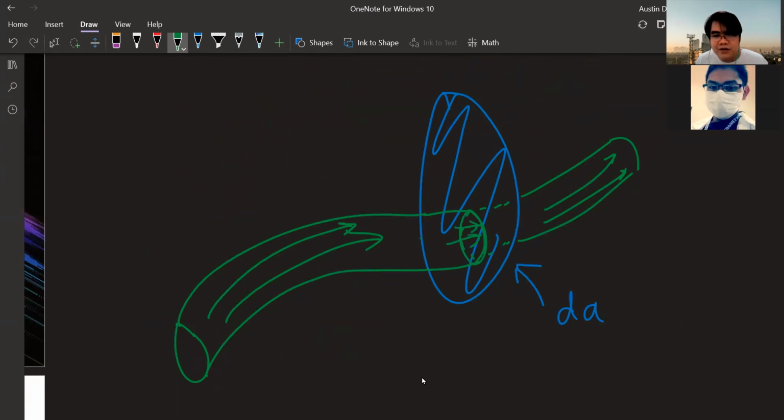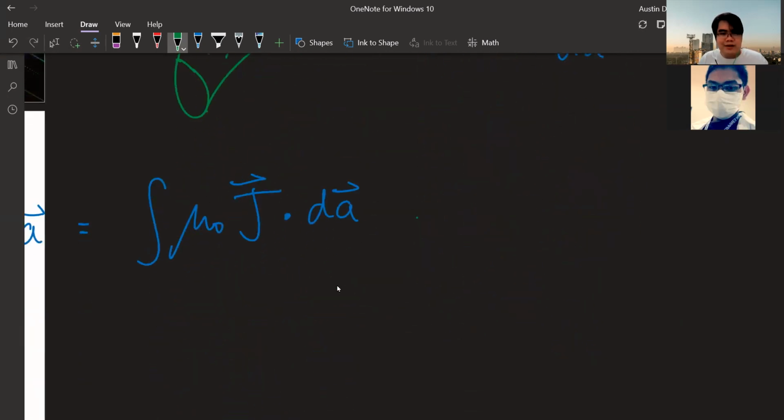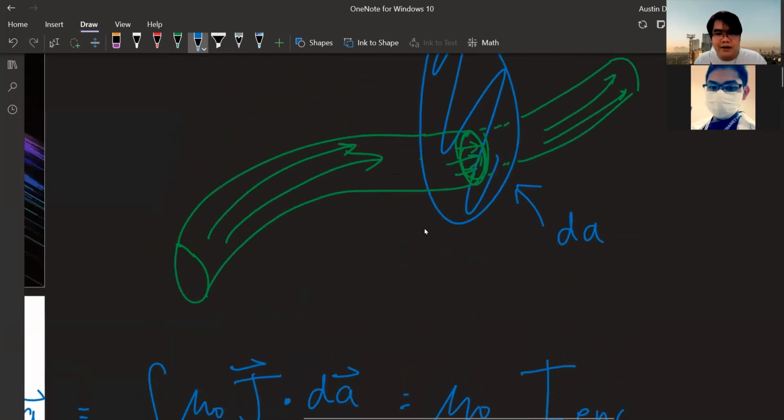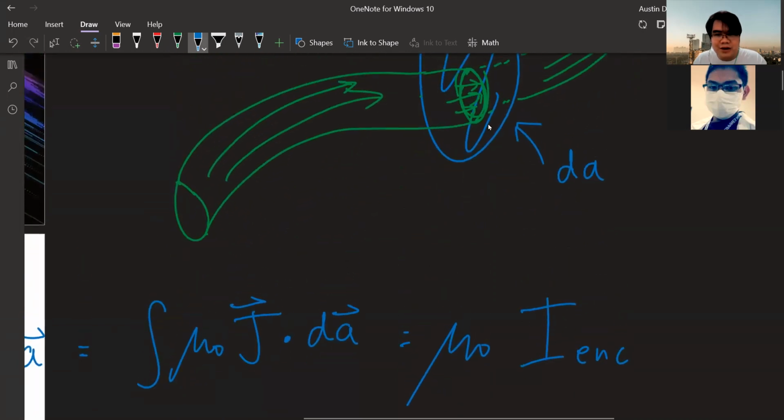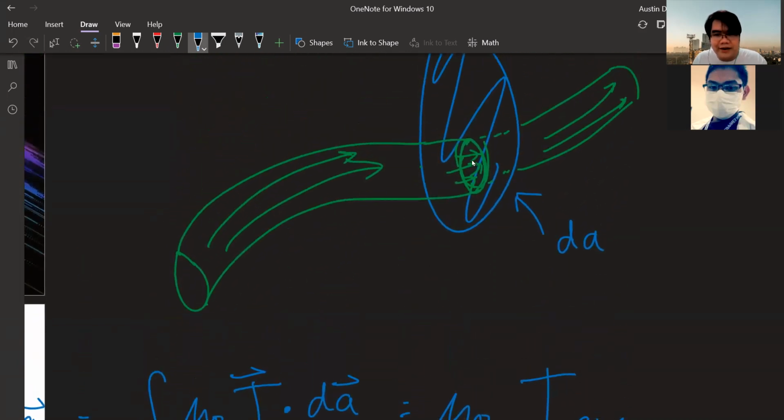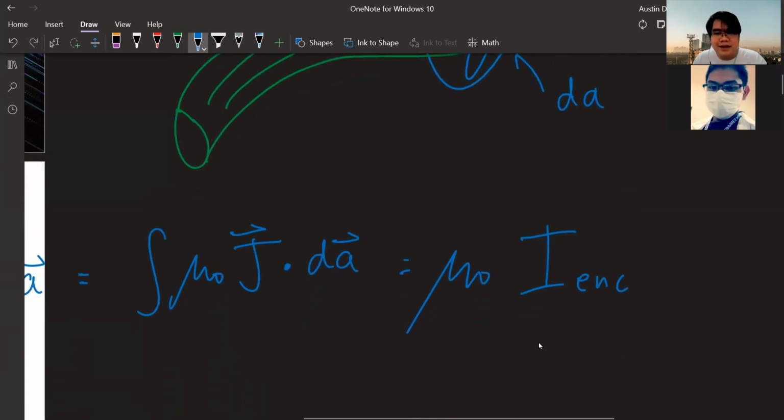Yung J dot dA, minimeasure nyo lang kung gano'ng karami pumapasok dito sa area na to. This would just be the current that you are feeling in that area. Ayun yung total current na napi-feel mo dun sa area na yan. So that's your J dot dA.